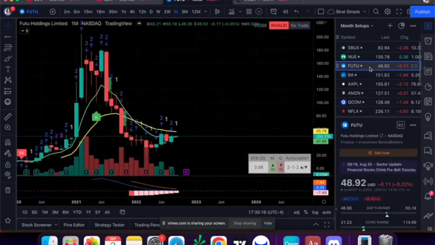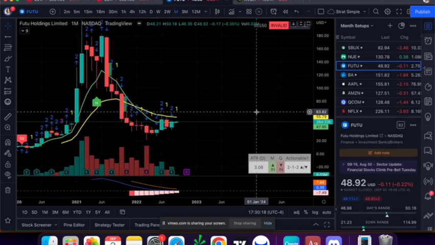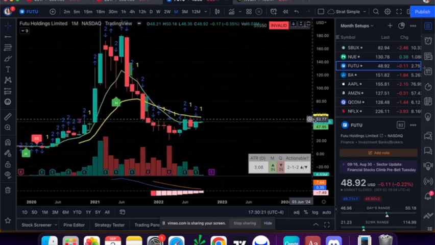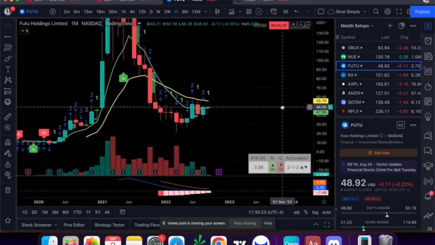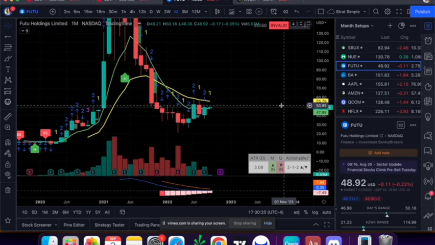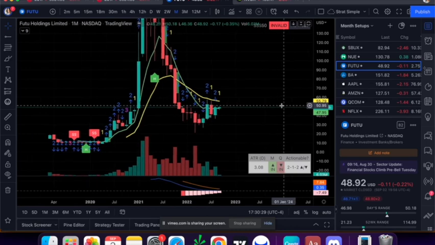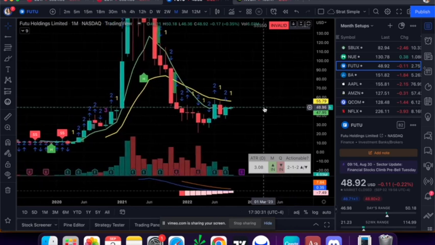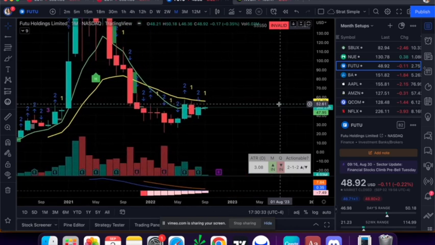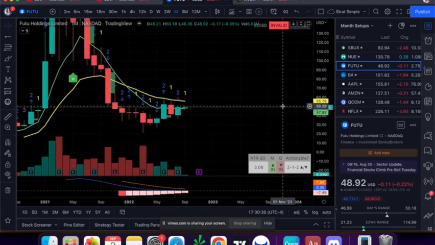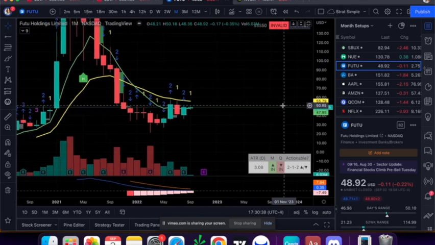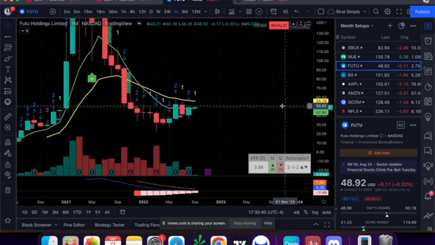And then Futu. I believe Futu was on my volume scanner, but I was also looking at it for this rev Strat up on the month. This is like an honorable mention. Futu is a little volatile, but it keeps coming up on the scanners for volume, so people are playing it.